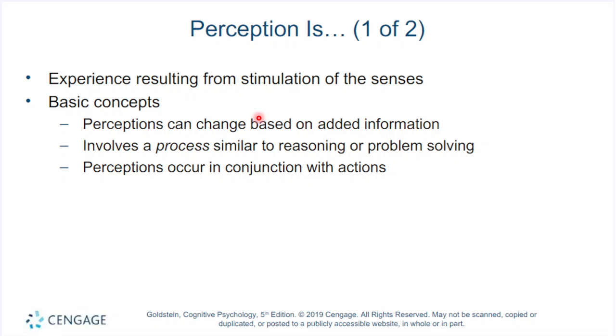Another thing about perception is that it can be changed based on added information. For example, when we learned about colors, we started first with the primary colors, like our Crayola set of 8 pieces.